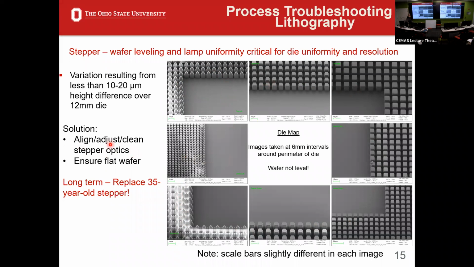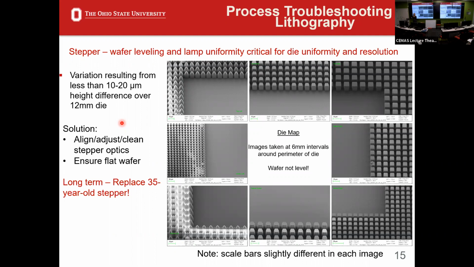Like I mentioned, with the optical system, just like with the SEMs, you can focus on one area, you can focus on another, and it can tell you the difference in height. So we were able to do that, and it was really only a 10 or 20 micron difference in the physical height of the sample across this die, which is actually not small, but gave us this non-uniformity.